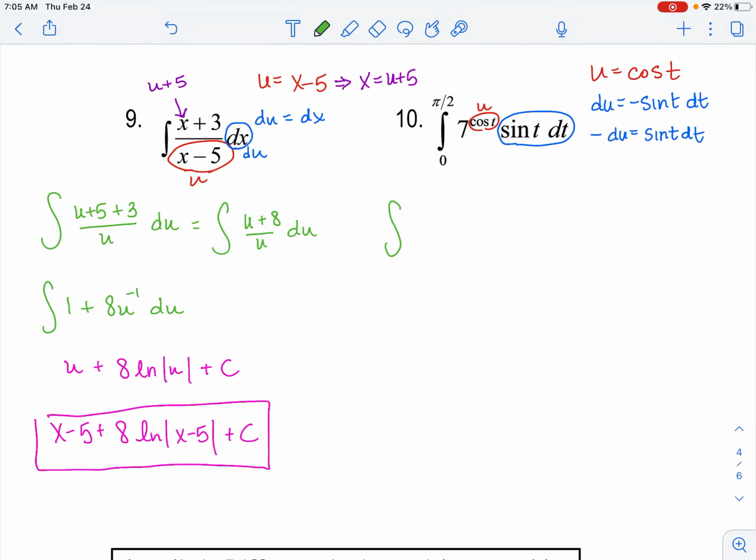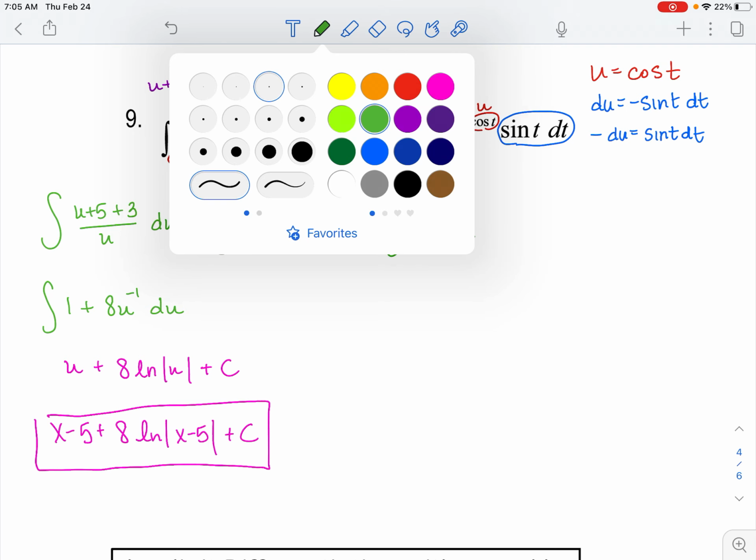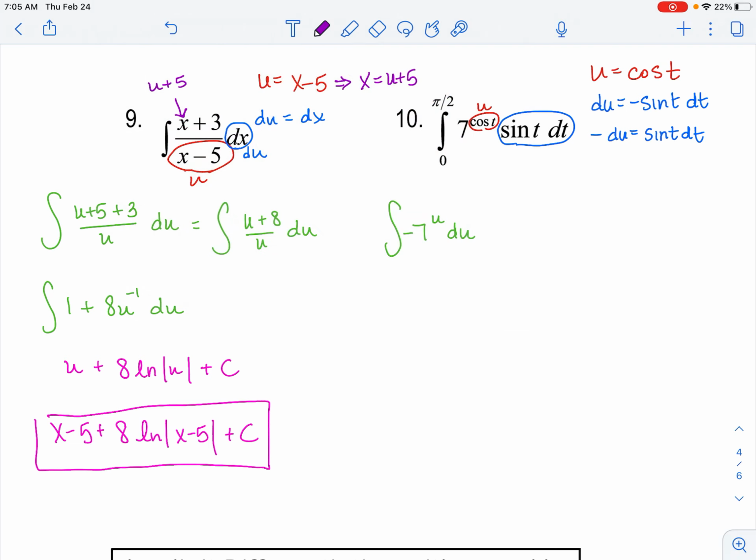So we have the integral of 7 to the u, with a negative out front, du. And remember, our bounds are not 0 to pi over 2. 0 to pi over 2, those are t terms. We want u terms. So the integral from 0 to pi over 2 in the t world, we need to write that in the u world.